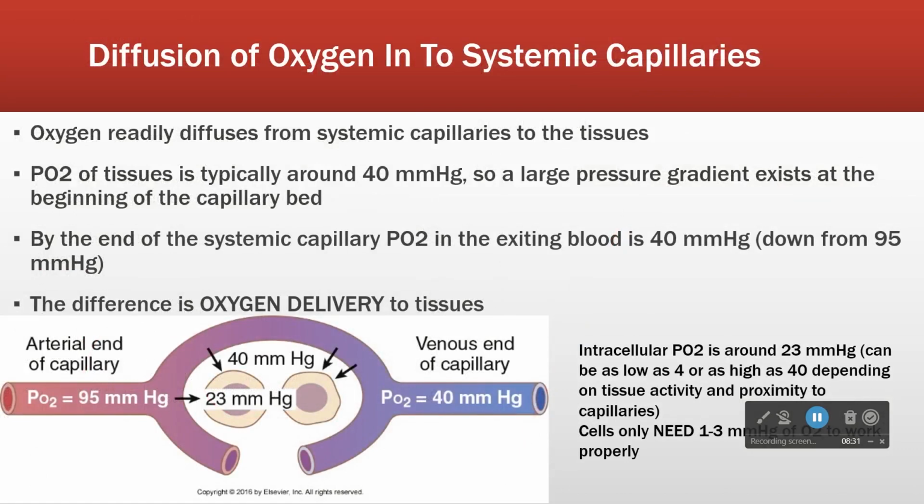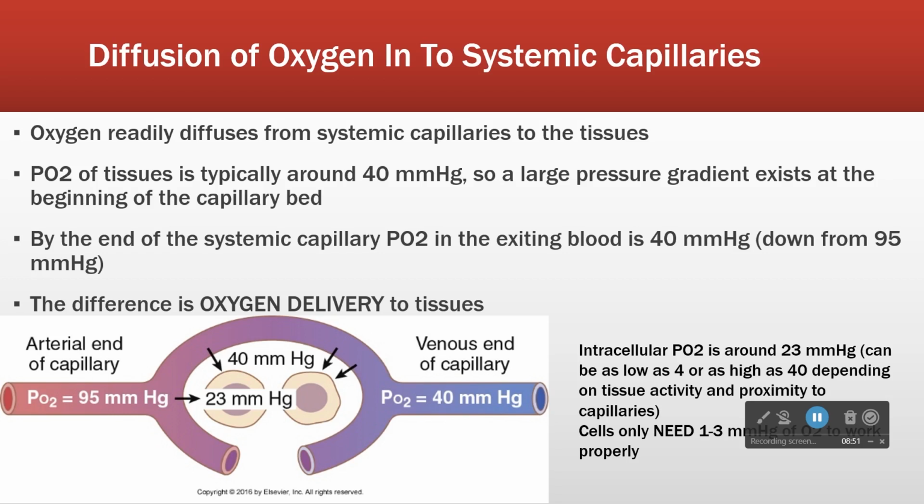Now, intracellularly, so 40 is kind of the interstitial space. Intracellularly, it gets even smaller, 23-ish. In a busy tissue, we can get as low as 4. In a really not busy tissue, it can be as high as 40.